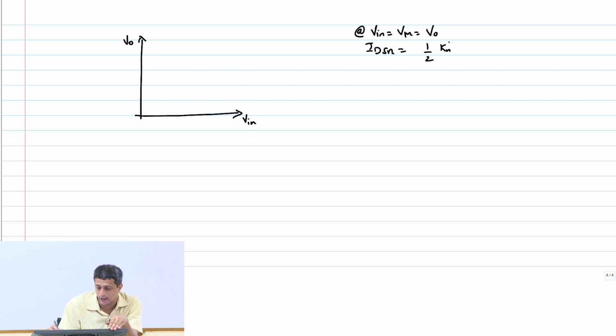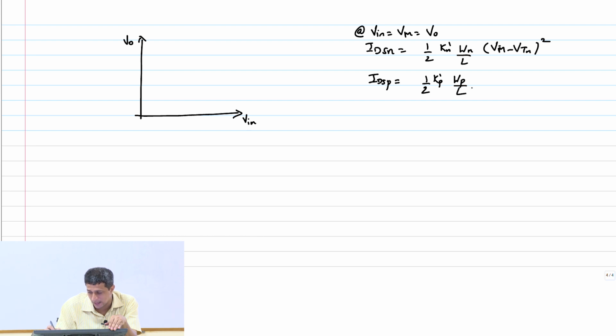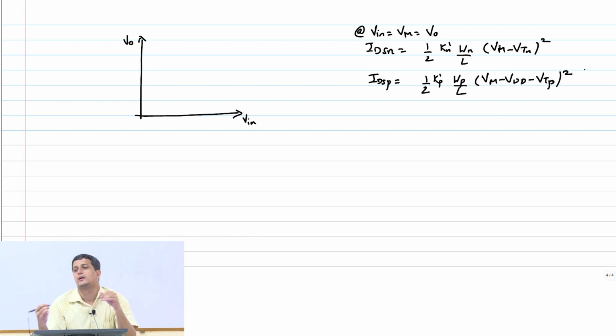Half of Kn prime Wn by L into VM minus Vtn the whole squared. IDSP is what? Half of Kp prime Wp by L, both are in saturation, VM minus VDD minus Vtp the whole squared. Do any of these currents depend on Vout? No. So what will be the slope?